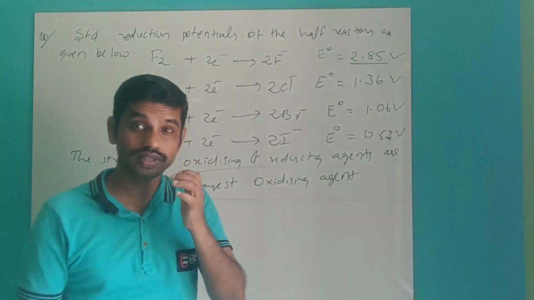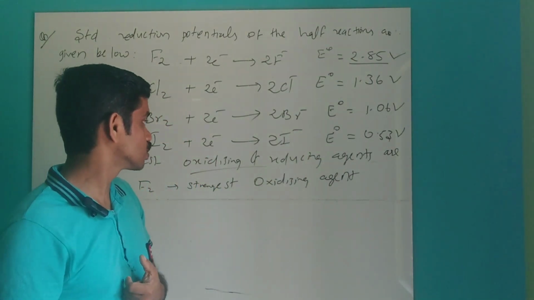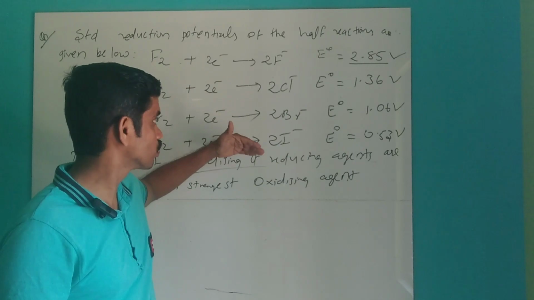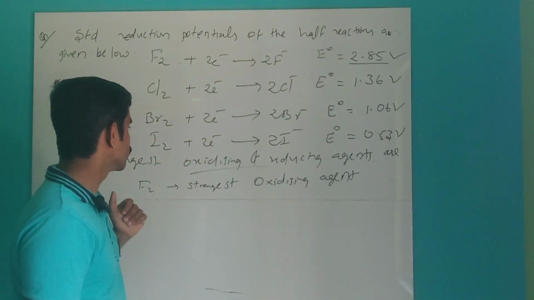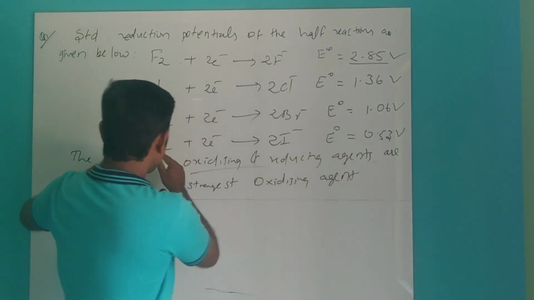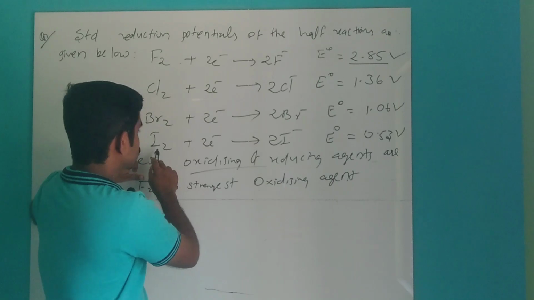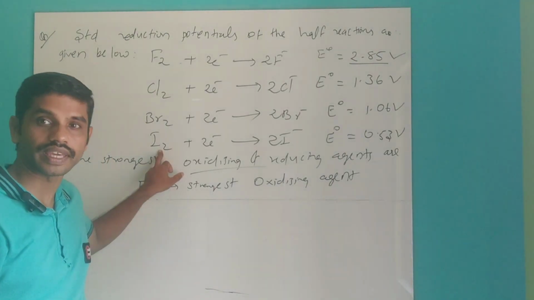Reducing agent means it is undergoing what? Oxidation. So here is oxidation given or not? All are reduction processes only, right? So from this you can tell that I2 is the weakest oxidizing agent.